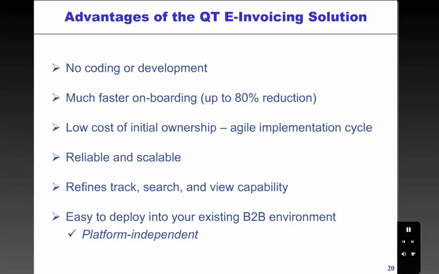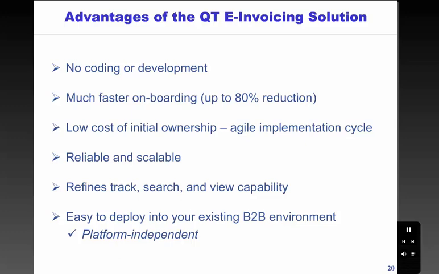Some of the other advantages to the Qualitrol Tech E-Invoicing solution were that, again, you saw in the presentation or the demonstration that no coding or development is needed ever. That it will provide for much faster onboarding, and as this client saw, was up to 80% reduction. It does have a low cost of initial ownership.